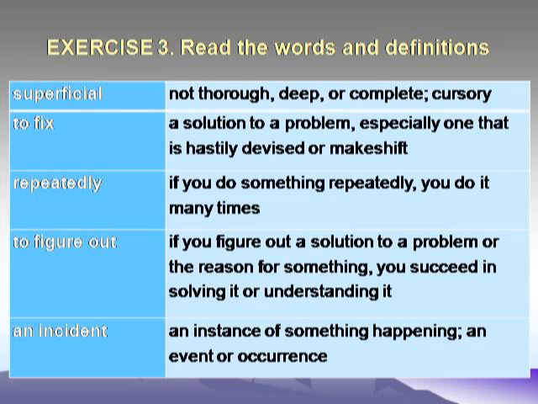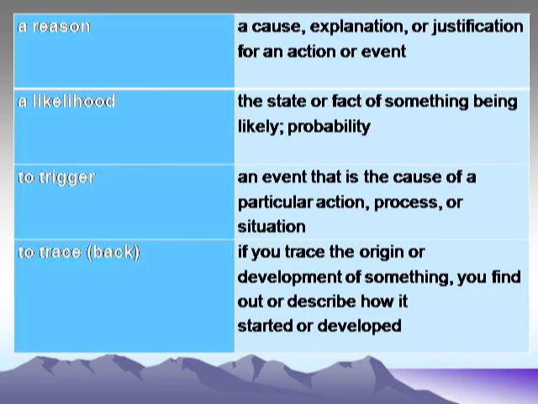An incident, an instance of something happening, an event or occurrence. A reason means a cause, explanation, or justification for an action or event. A likelihood, the state or fact of something being likely, probability.